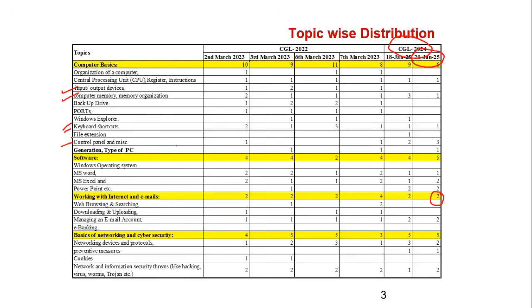But if you see the software portion, you will get 1 or 2 questions definitely from MS Word and Excel or PowerPoint, right? And this year, email account was one of the important topics where you get 2 questions in the 2 shifts, okay? And in networking devices, and networking threats and security, these were the 2 important topics for the last year CGL. Okay.